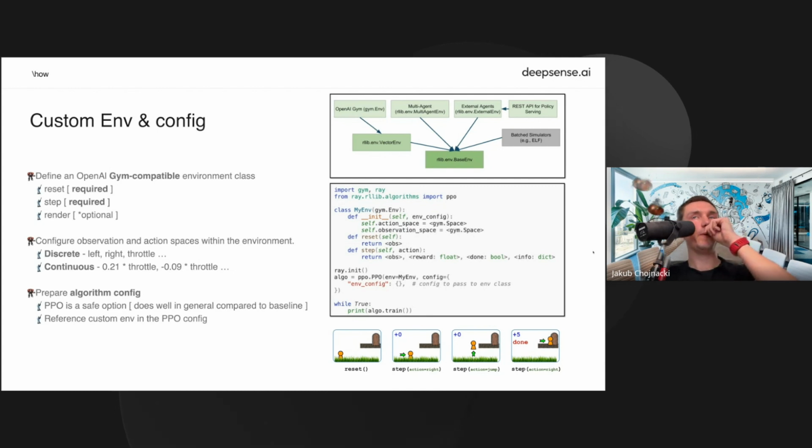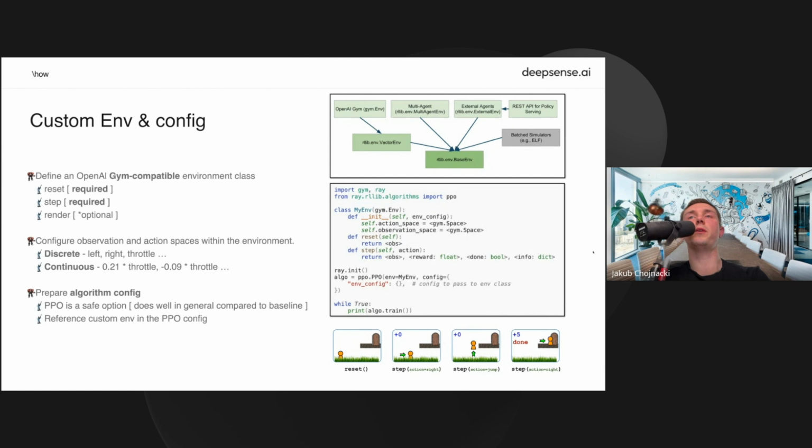The pretty important part in the environment configuration is the observation and action spaces. We've got basically two possibilities there. Our observation and action space can be, for instance, discrete. So this is go left, go right, or throttle, and the values are hard coded somewhere in the environment.